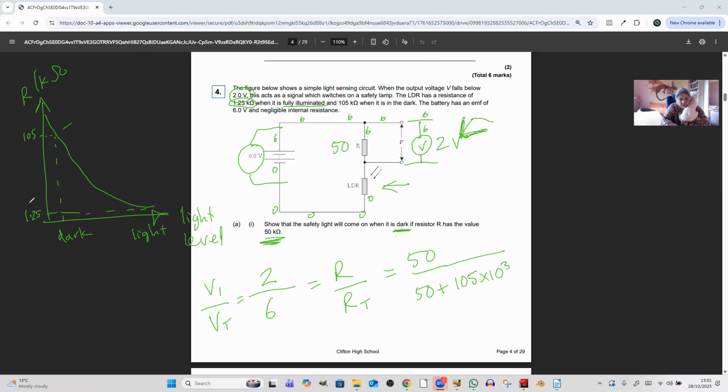Right, now I could replace that with R. And then, can you see, this is 1/3. I've got R over R plus that thing is equal to 1/3, because 2 over 6 is 1/3. There, I can solve that for R, okay?